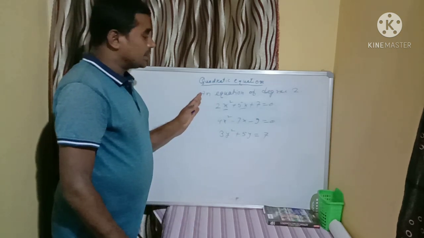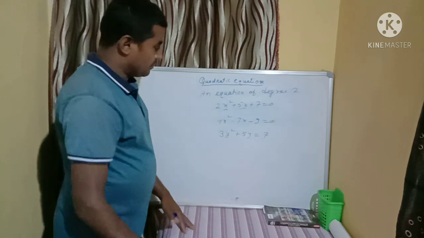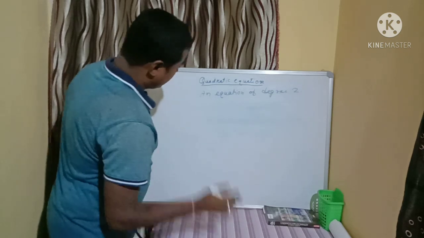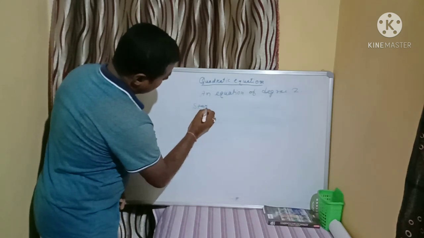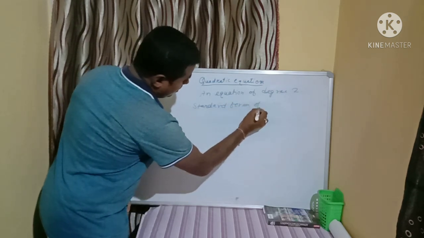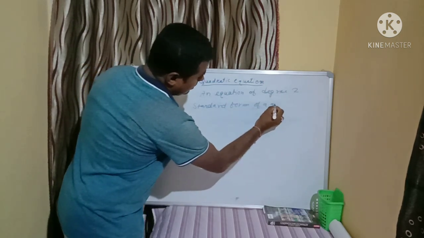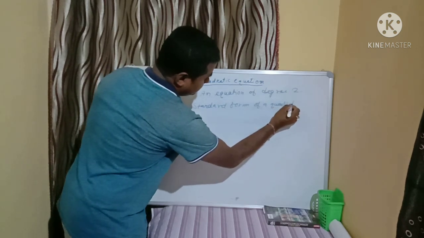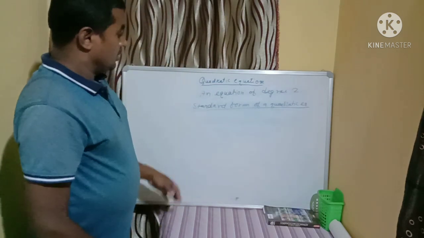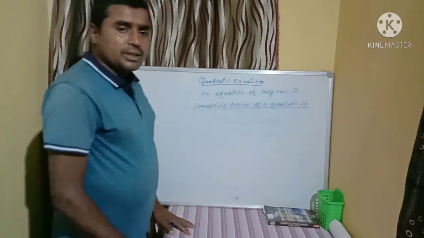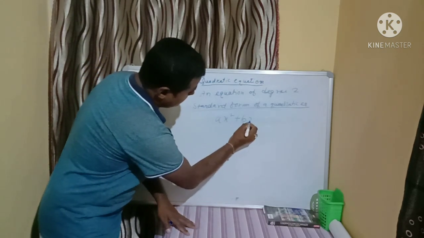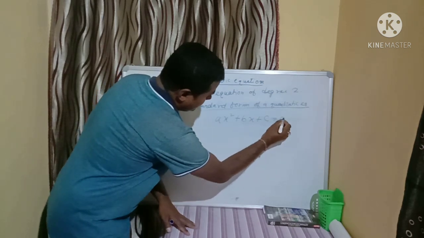Next step: what is the standard form of a quadratic equation? The standard form of a quadratic equation is ax square plus bx plus c equal to 0.